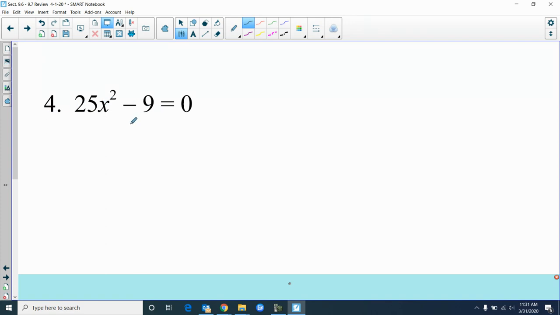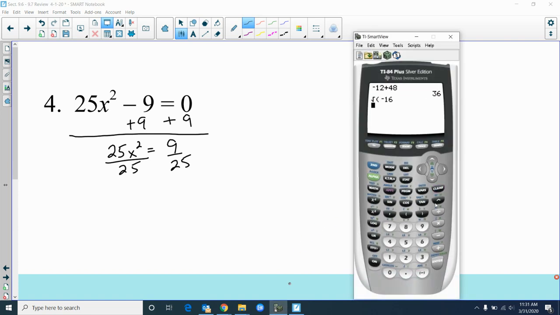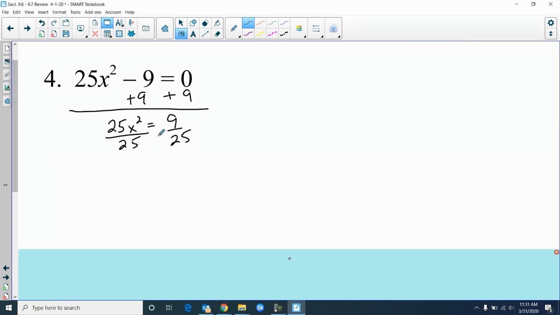25x squared plus -9 equals 0. All right, no x term. To get the x squared by itself, divide by 25. Okay, if I take 9 divided by 25, it gives me a decimal. I don't want that. Leave that. Also, you need to recognize those are two numbers that we actually already know the square root of.